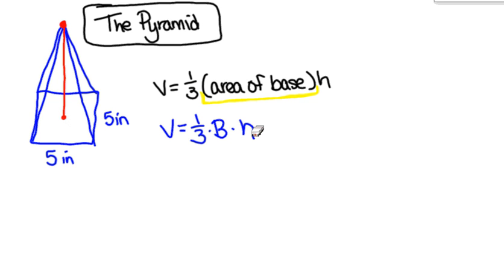If my pyramid's base is a rectangle, not a whole lot changes. The only thing that really changes is that instead of the base being a square, the base is now a rectangle. And maybe my rectangle measures 8 feet by 6 feet.